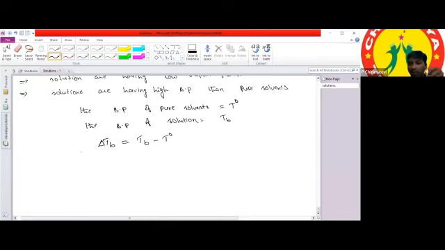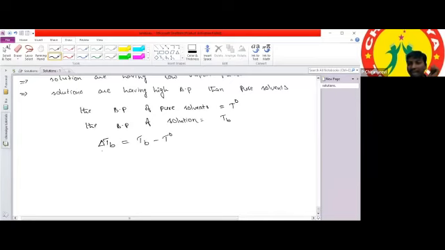Okay. Now, before that, let us discuss some points. Colligative properties depend upon the number of solute molecules present in 1 kg of the solvent. The number of solute particles present in 1 kg of the solvent, we call molality.